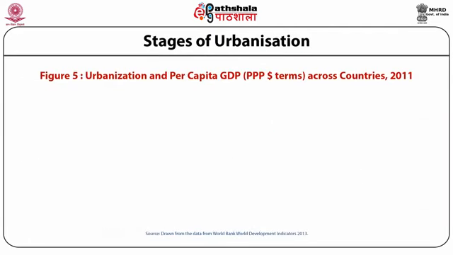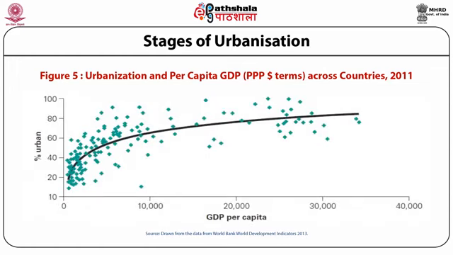In this framework, we can easily find an association of GDP and the rate of urbanization in a particular economy. This relationship can be easily witnessed from Figure 5. Historically, very few countries have reached an income level of $10,000 per capita before reaching about 60% urbanization.